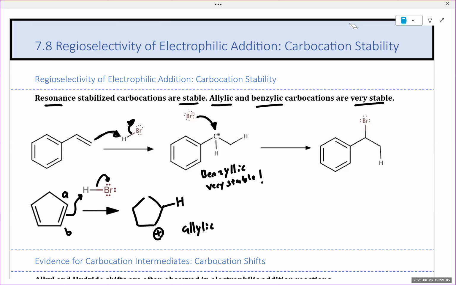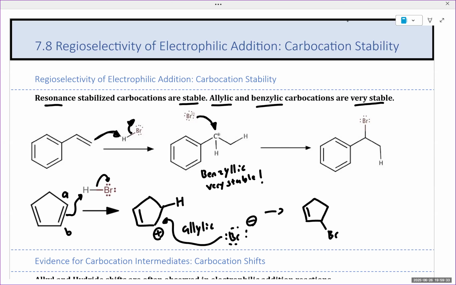So we prefer to generate the more stable allylic carbocation. From there, your nucleophile, which is the bromide anion, will in turn attack and generate the electrophilic addition product.